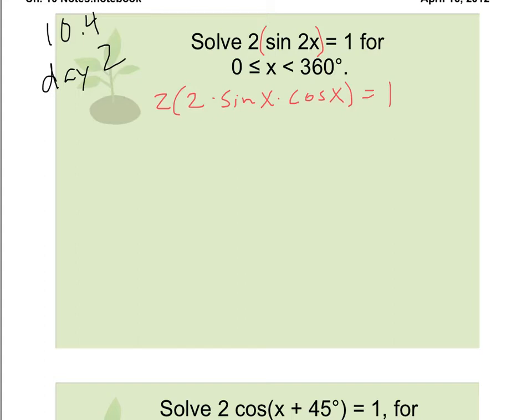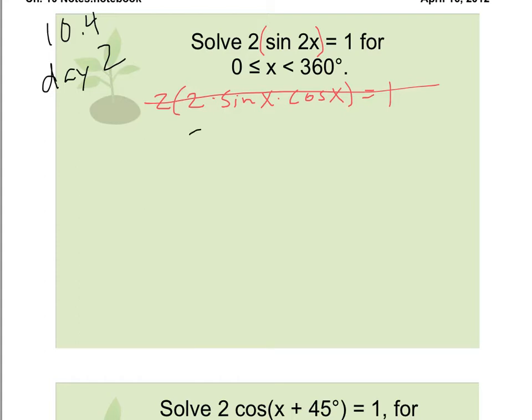Sure, that double angle is gone, but I now have an equation that's in terms of sine and cosine, which most of the time, there's actually one problem in the homework where it happens and it's okay. But most of the time, this is no good. I don't want that.